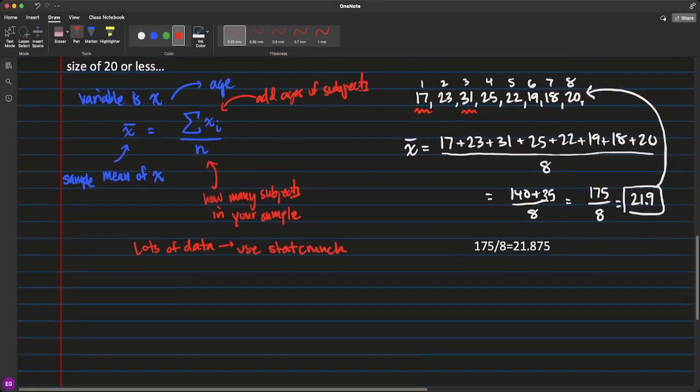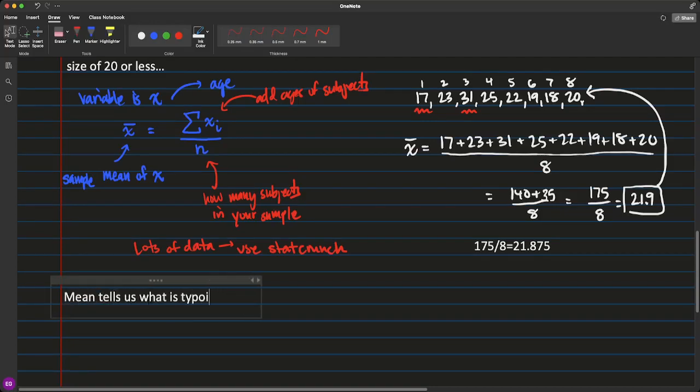So remember, the mean tells us what is typical. But how far from typical is usual? So the problem is that the mean is a single number that tells you, hey, if you need a single number that tells you what's typical, this is the single number.